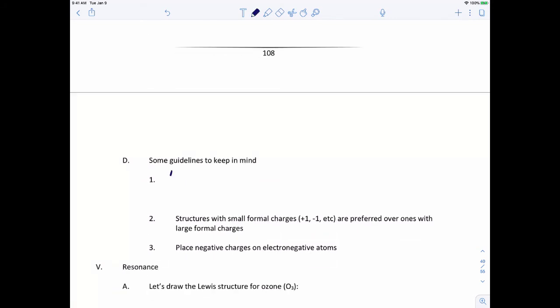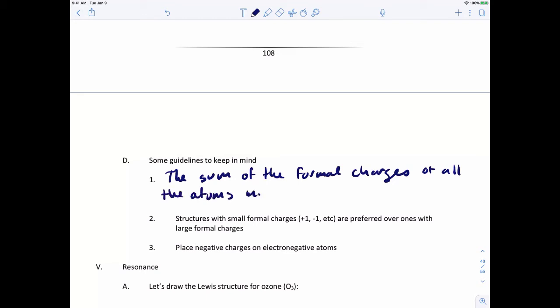The biggie here is that the sum of the formal charges of all the atoms must equal the charge of the molecule or ion.